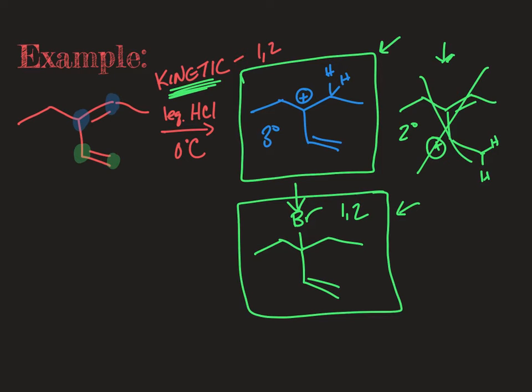So let's look at what the 1,4 thermodynamic control option would be. So again, let's do one equivalent of HCl. Now we're going to heat up to 40 degrees Celsius. So the first step is going to be the same. We're still going to form that more stable tertiary carbocation. But now we know we have enough energy to eventually get up and over that higher barrier.